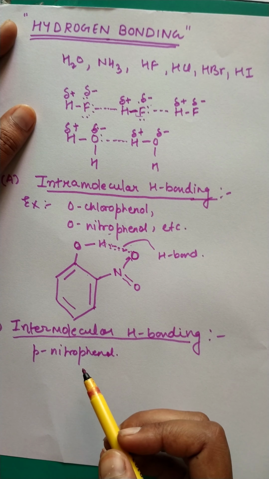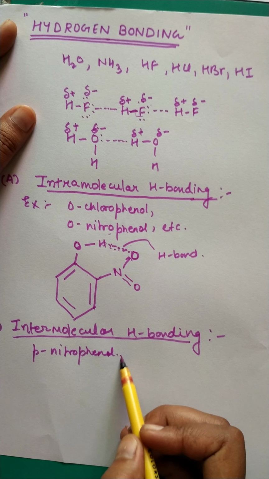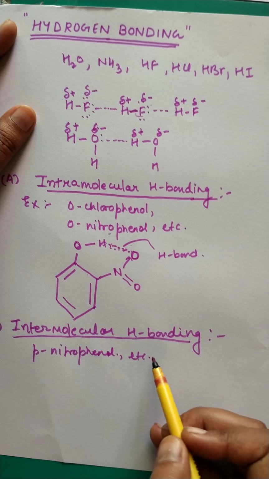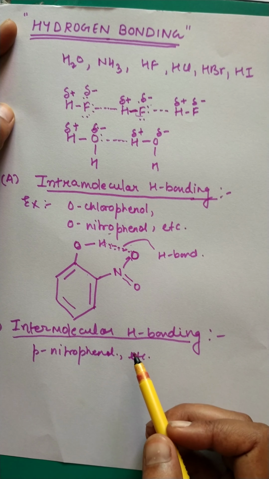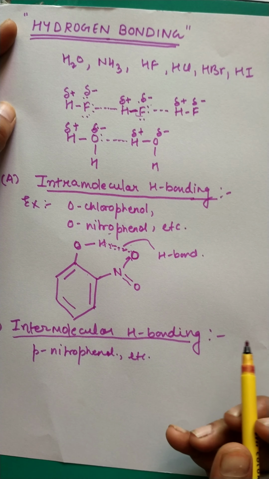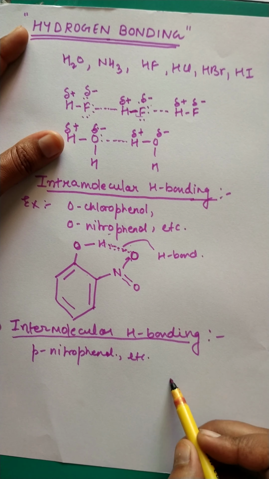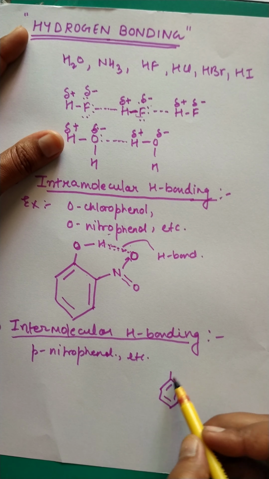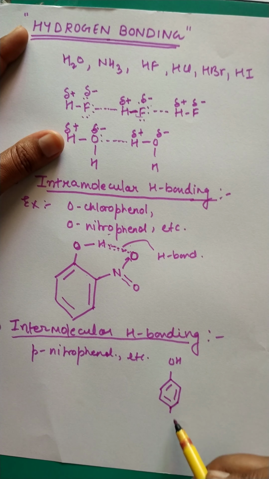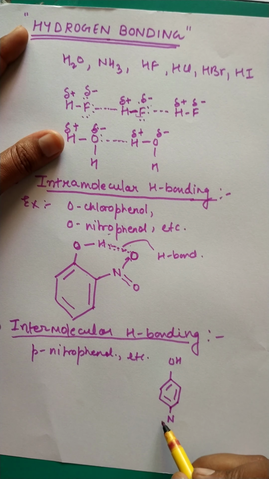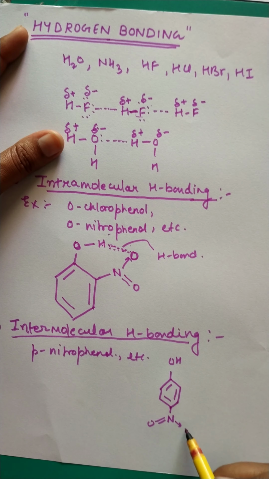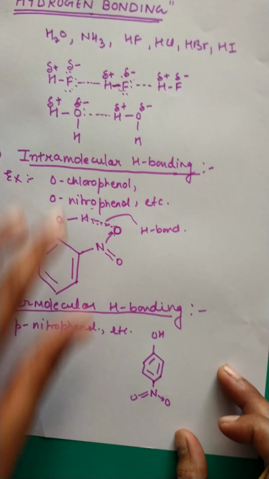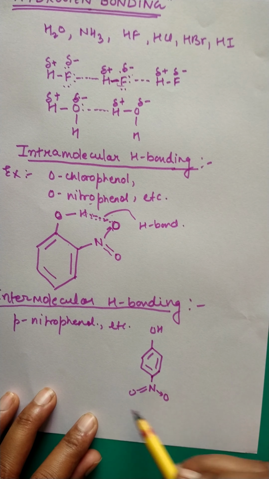Like para-nitrophenol, para-chlorophenol, water, ammonia, hydrogen fluoride, these all show intermolecular hydrogen bonding. So how will this hydrogen bonding be there? Students, suppose this is the para-nitrophenol.